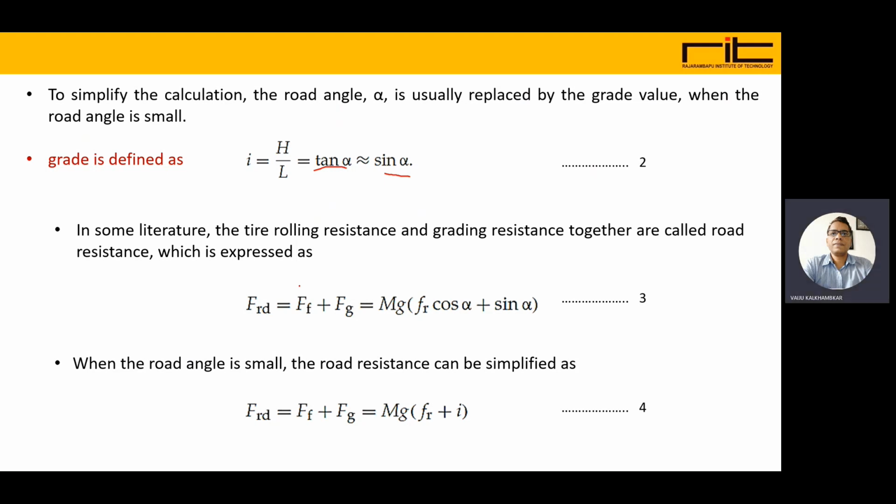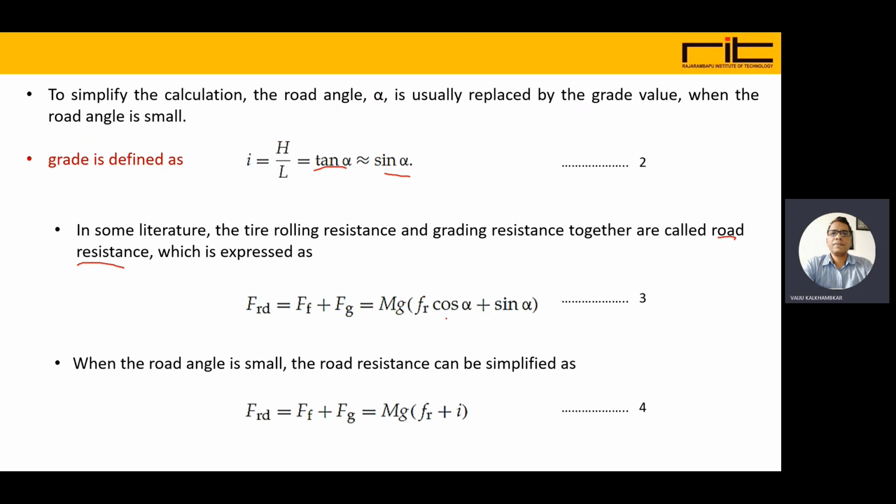because it is related to the road, and it can be expressed as Frd equal to Ff plus Fg. So road resistance is given by these two terms, where f is for the front and r is for the rear.